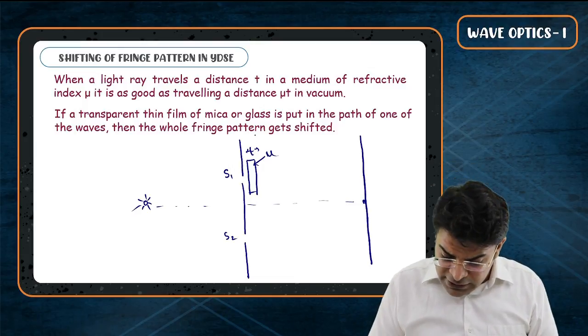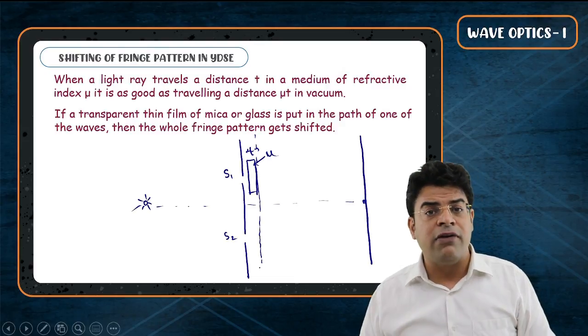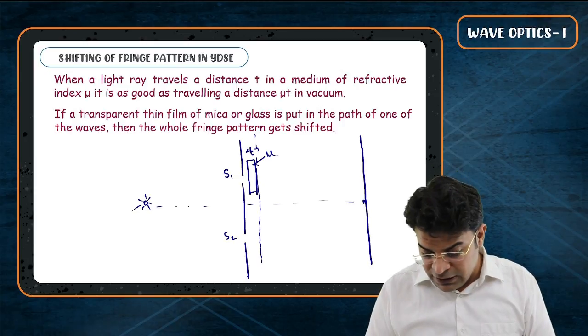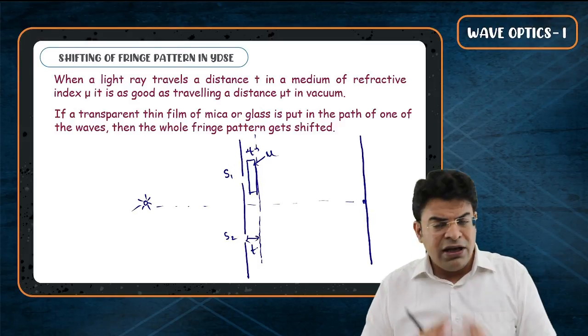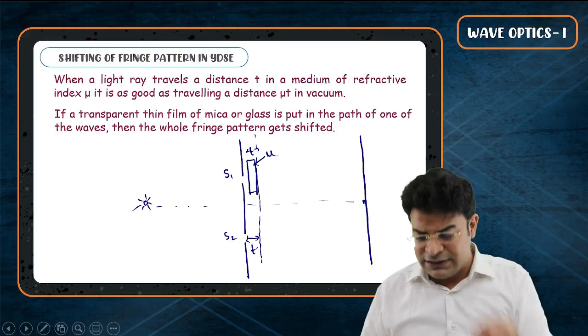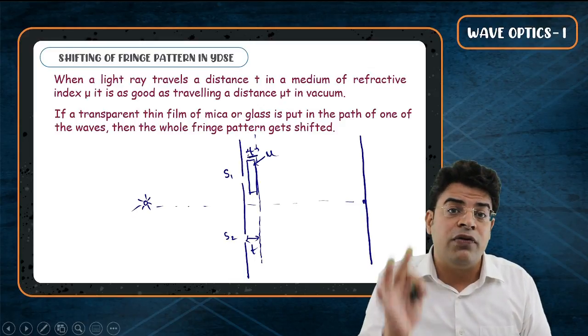Now if we look till here, which wave has traveled more? The wave coming out of slit 1 or the wave coming out of slit 2? So beta, till here, the lower wave has traveled a distance t in vacuum. No doubt the upper wave has also traveled a distance t, but it has traveled a distance t inside a medium of refractive index mu.